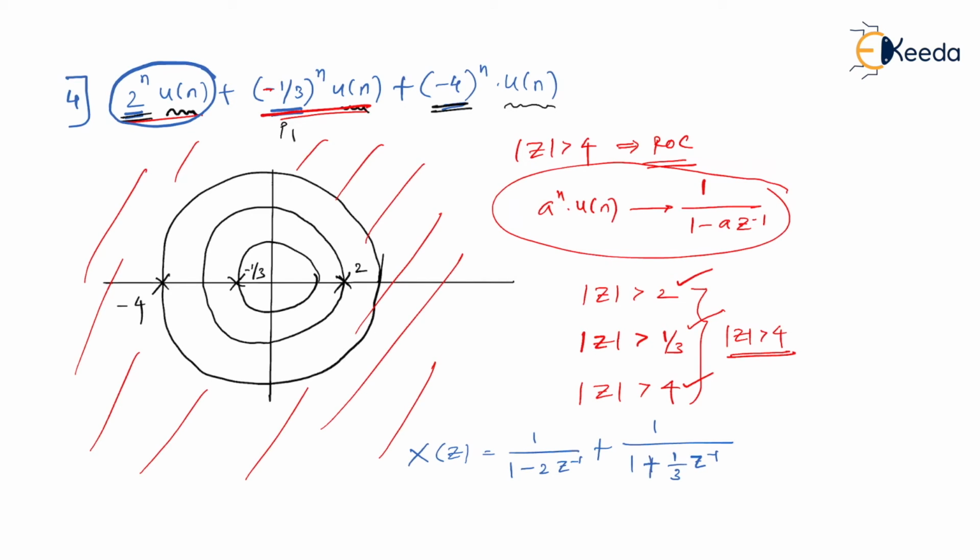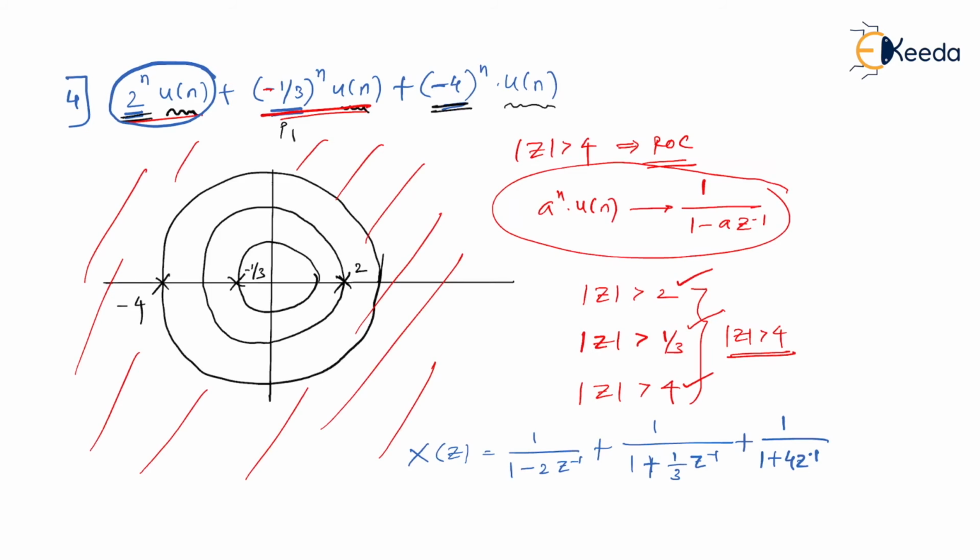The reason we have plus here is because minus 1 by 3 is there. Plus 1 upon, again we have minus 4, then it will be 1 upon 1 plus 4z inverse. And this is the final Z transform, and the ROC you have already learned.